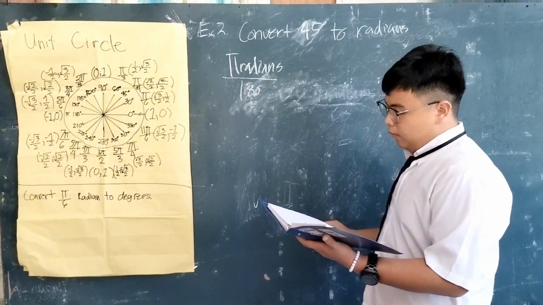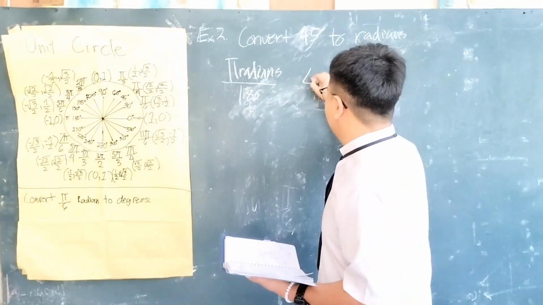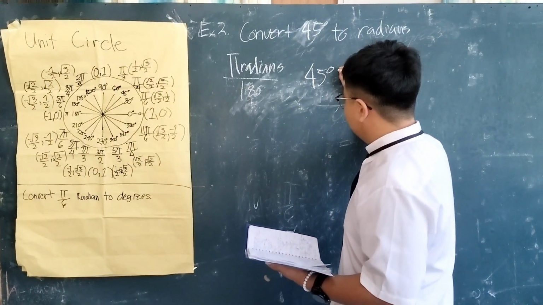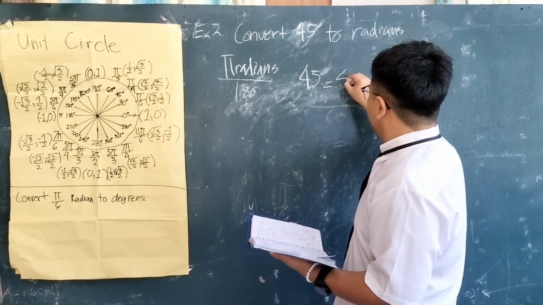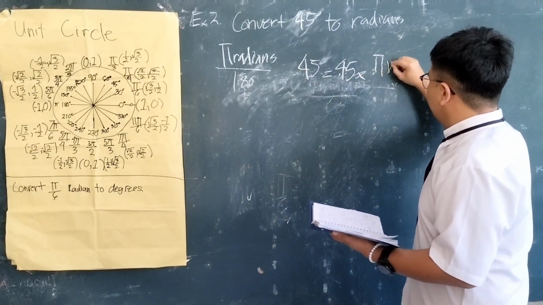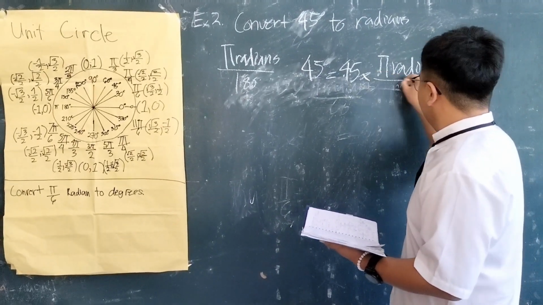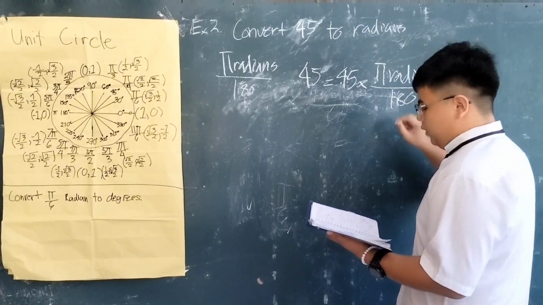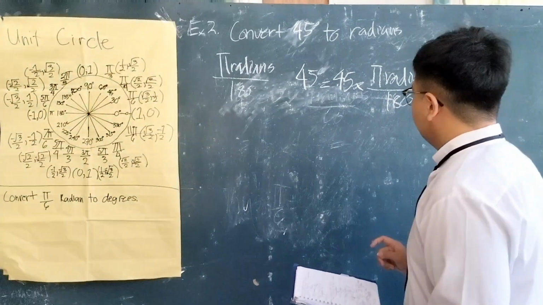So, the given number is 45 degrees. So, 45 degrees equals 45 times pi radian over 180. And step 2 is that we now need to simplify the result.